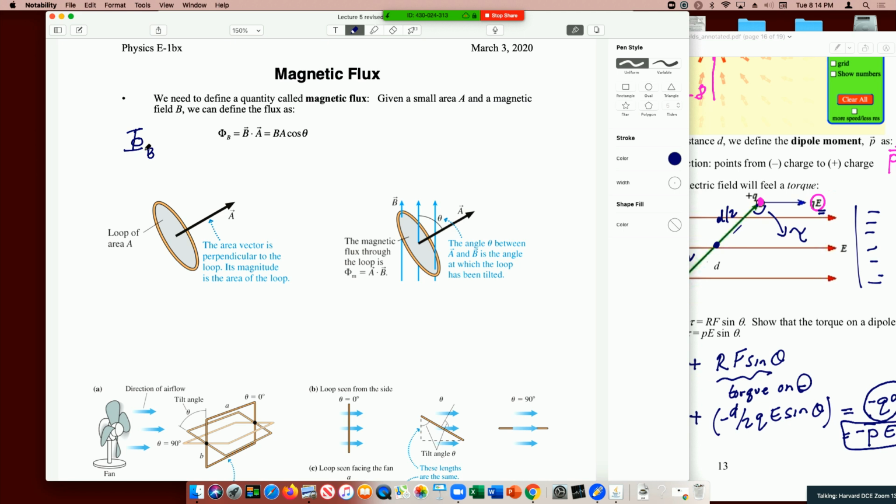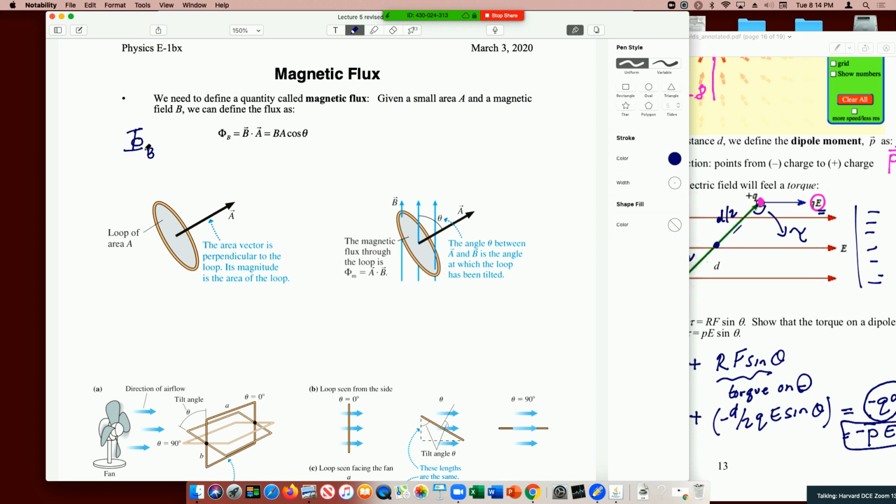I could calculate the flux of that loop just by multiplying the magnetic field times the area vector times the cosine of the angle between them, which, if they're in the same direction, is just going to be 1, because cosine of 0 is 1.